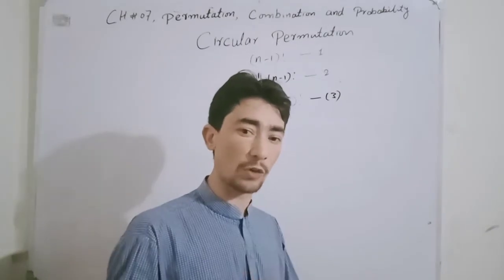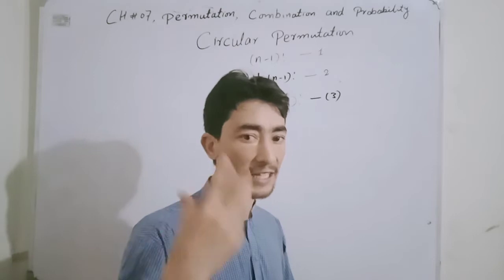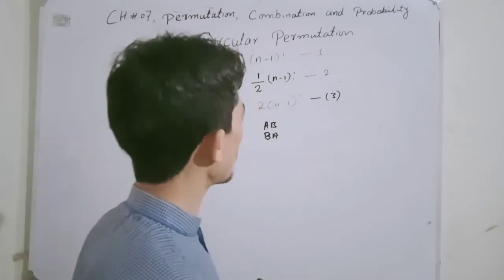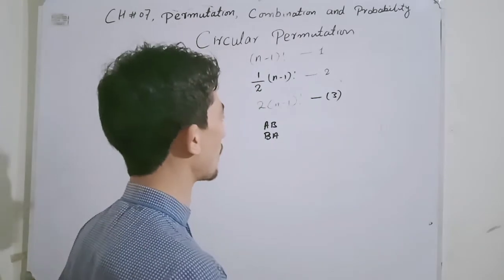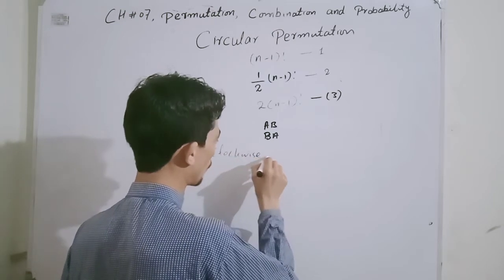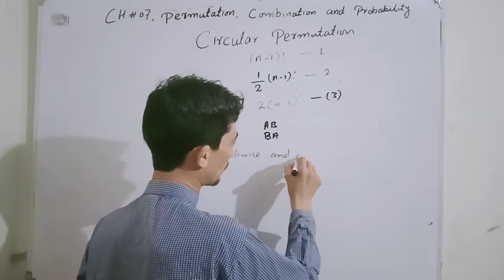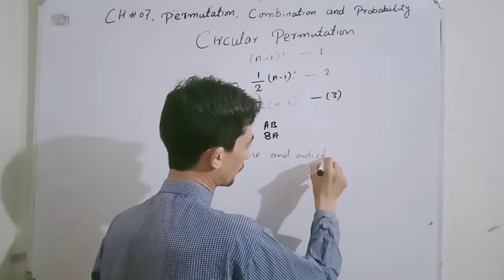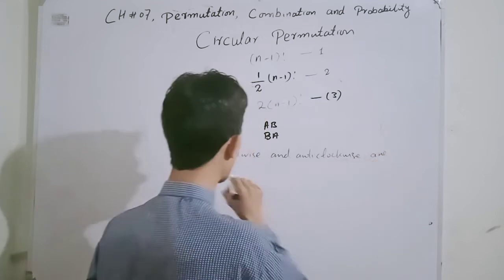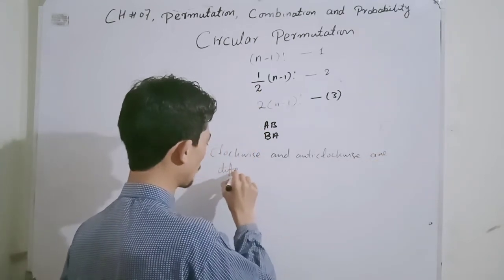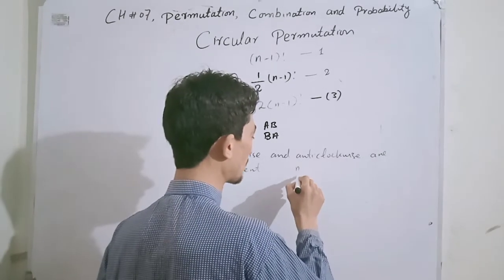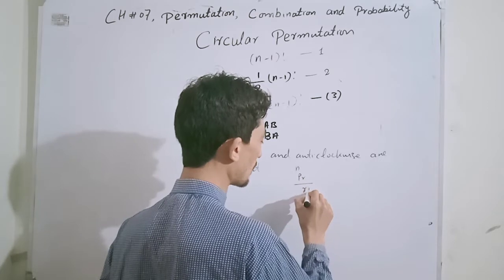But in the case of clockwise rotation or anti-clockwise rotation, or we can say clockwise ordering or anti-clockwise ordering, if clockwise order and anti-clockwise order are different, then in that case the formula will be nPr divided by r factorial.